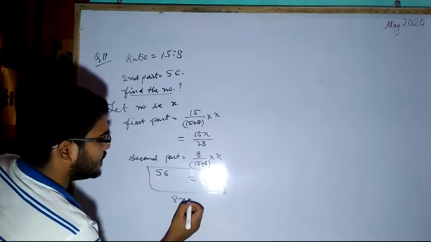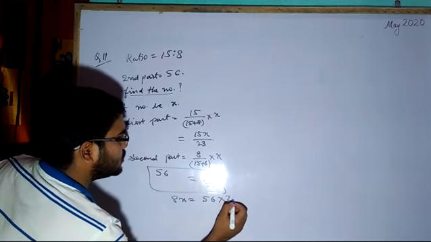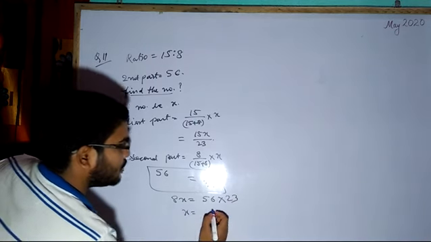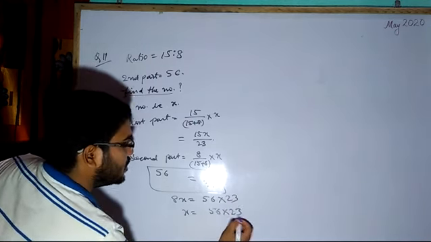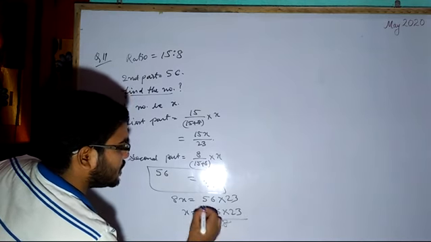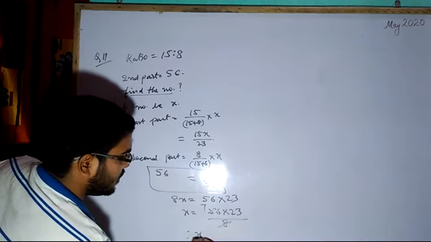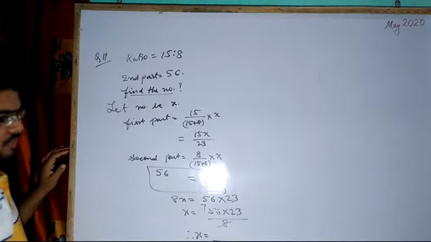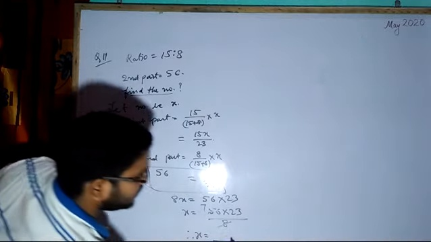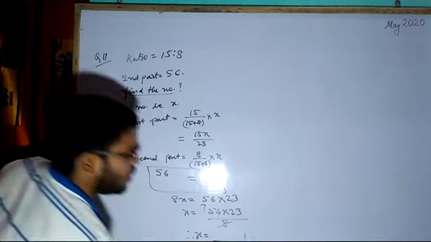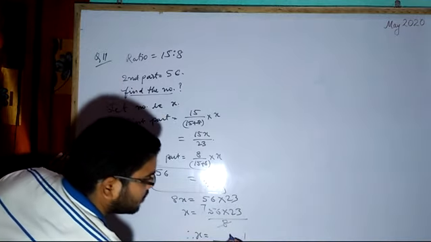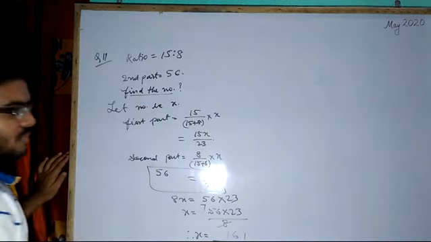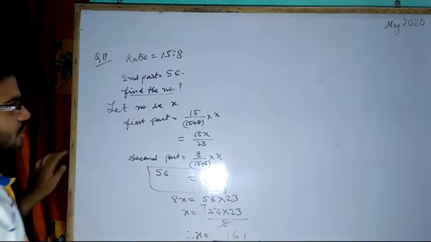So it will be 8x is equal to 56 into 23. x will be equal to 56 into 23/8. 8 sevens are 56. Therefore x will be equal to 7 into 23. Multiply it: 7 3s are 21, carry 2, 7 2s are 14 plus 2, 16. Okay, the number is 161.